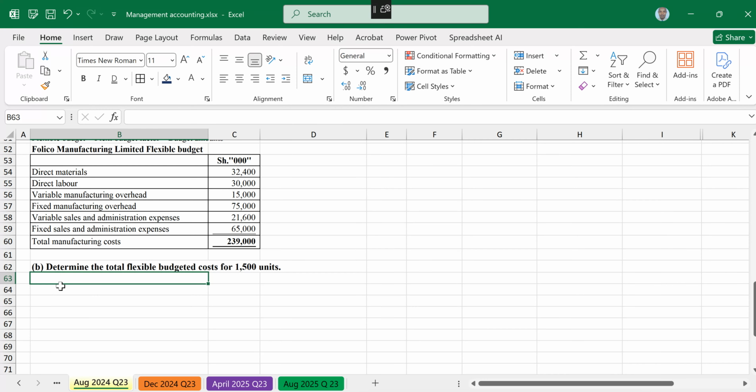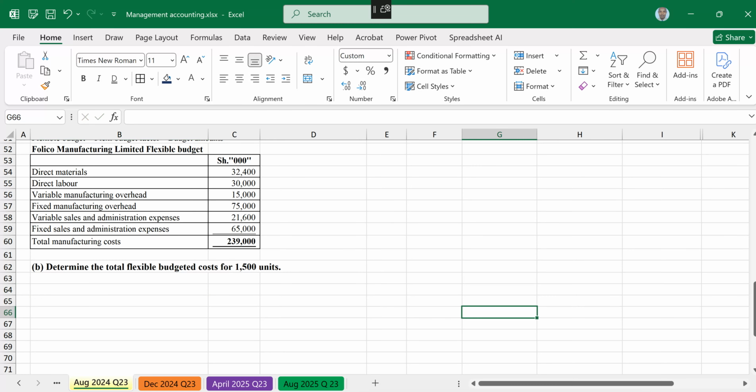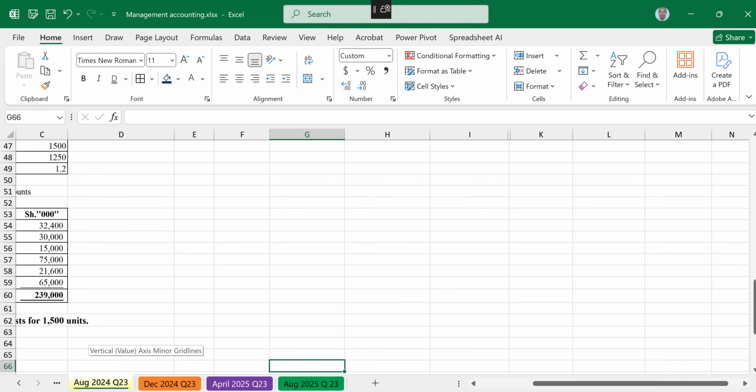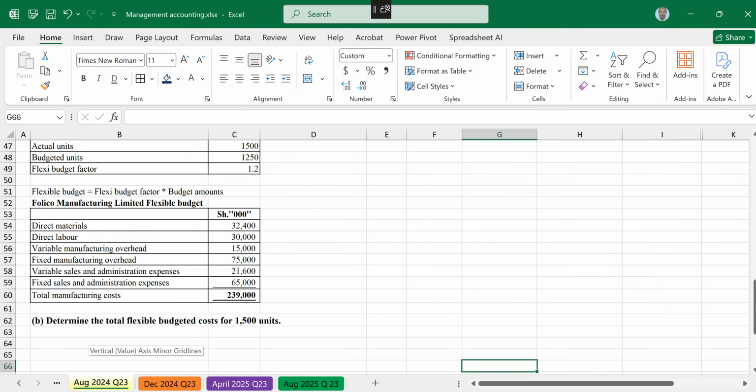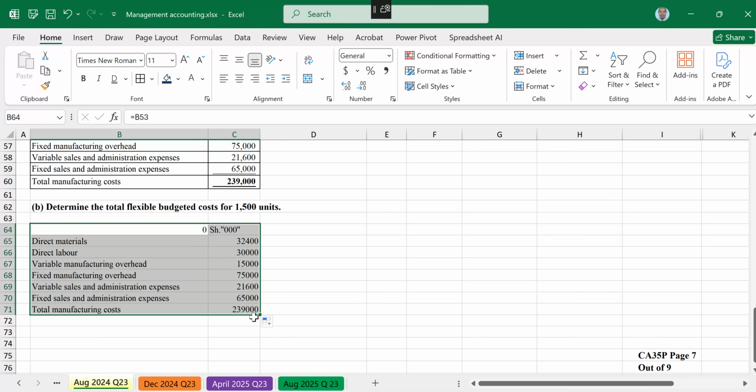You simply say equal sign, then click on everything on the other side. So you use it as it is, equal sign, then click on everything that we have up there, drag across, drag down, all the way to the total.